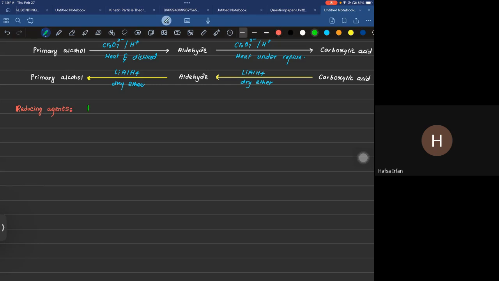The first one is LiAlH4 in dry ether, which is a stronger reducing agent, or I can use NaBH4, which is weaker comparatively. ओके हो गया जी, सेट हो गया. तो ये आपको लाजमी पता होना चाहिए.